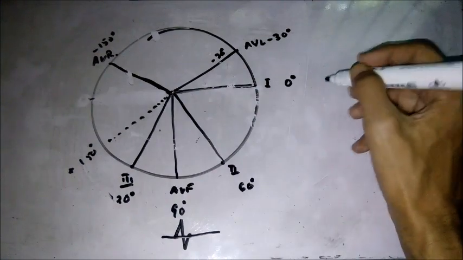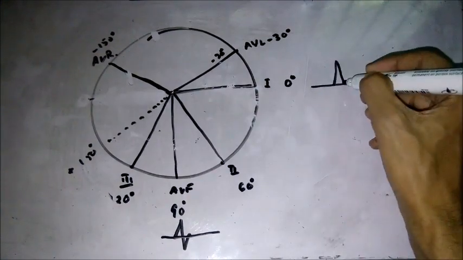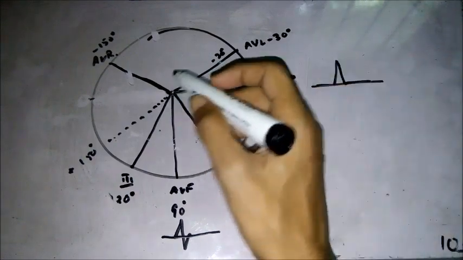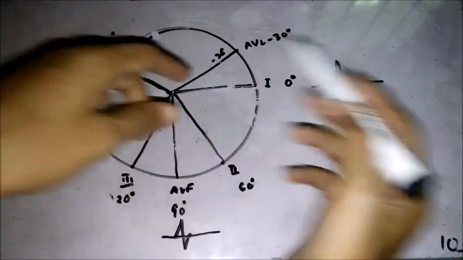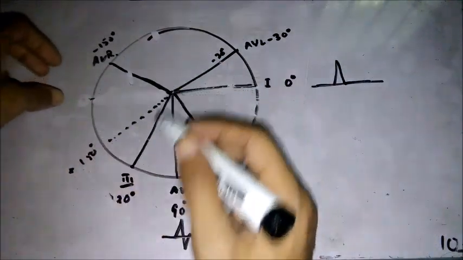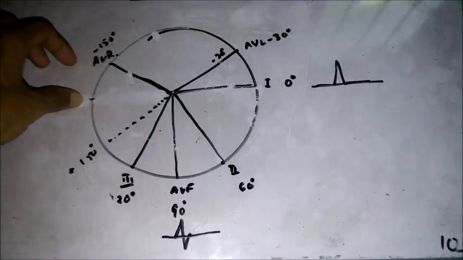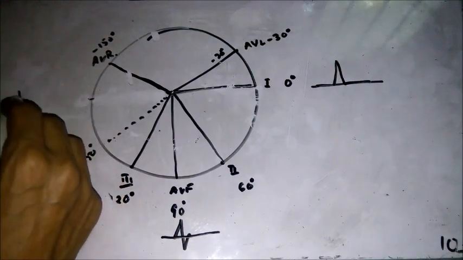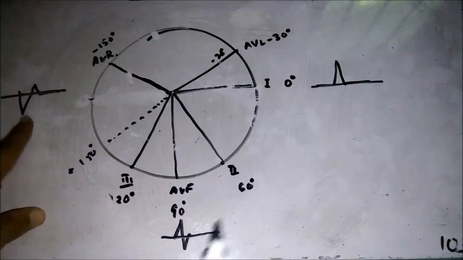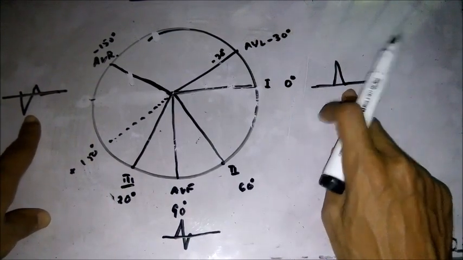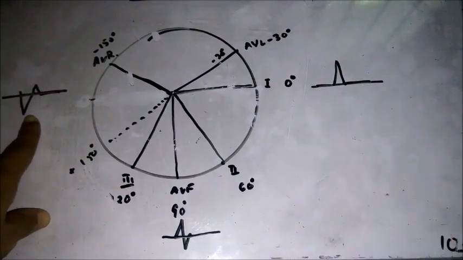We look at lead 1. If lead 1 is showing positivity, and here we don't have any lead which will show us the opposite of lead 1, so we'll have to make a guess from AVR, right? So if AVR is showing some negativity, then we can say that the axis is towards lead 1.